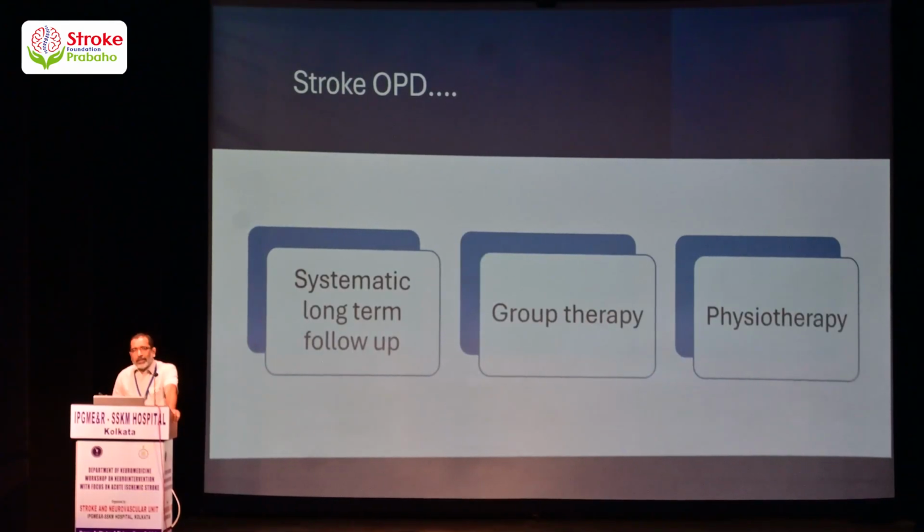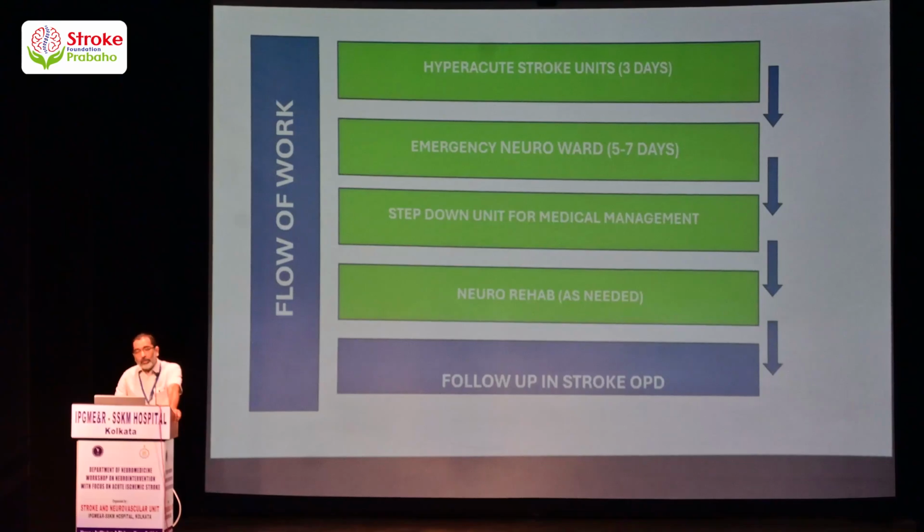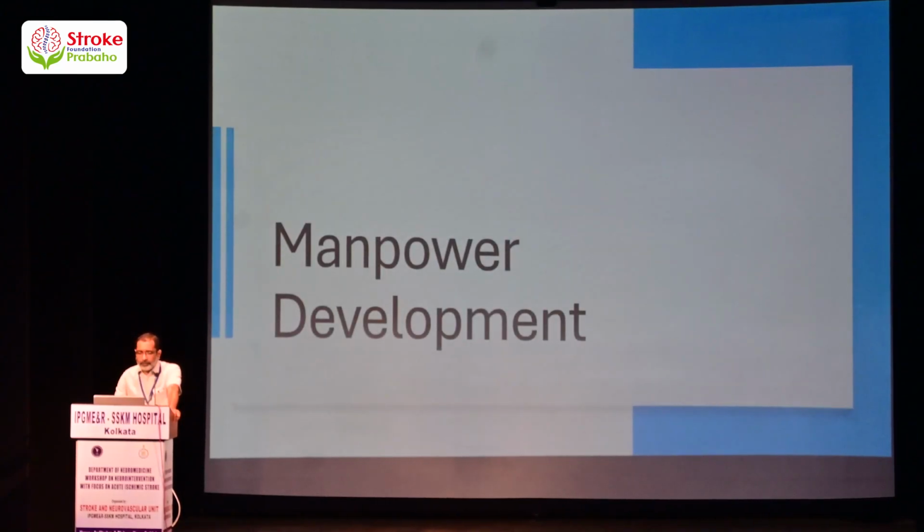Once the patient is discharged, we follow up these patients in a dedicated stroke OPD, which is held once every week, where the follow-up of the patient is done and there is provision of physiotherapy, including group physiotherapy. So the flow of work is: first the patient is admitted in the hyperacute stroke unit, then shifted to the emergency neurology ward, and further stepped down to another ward for subsequent management. Subsequently they are followed up in the OPD.